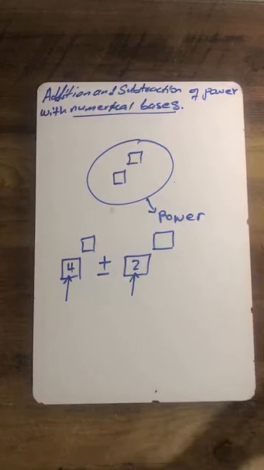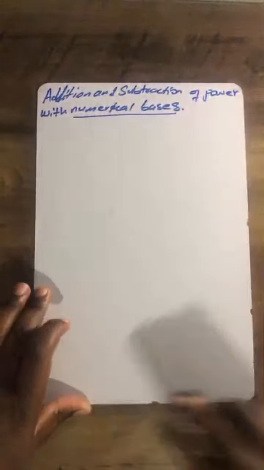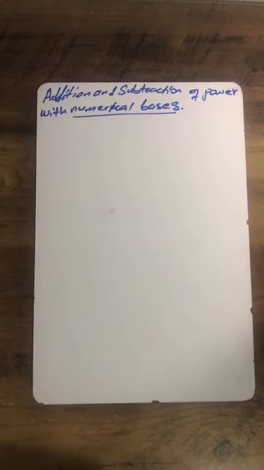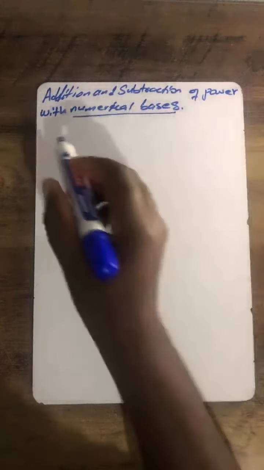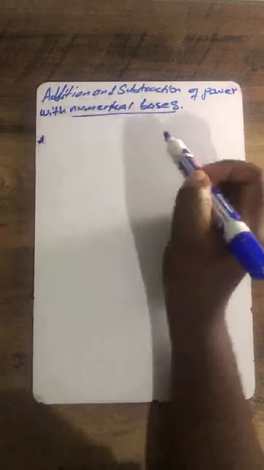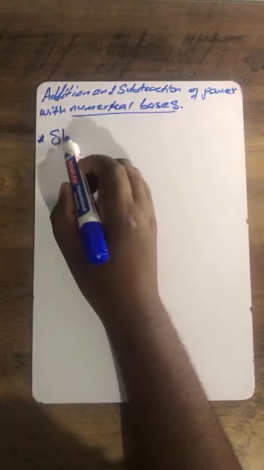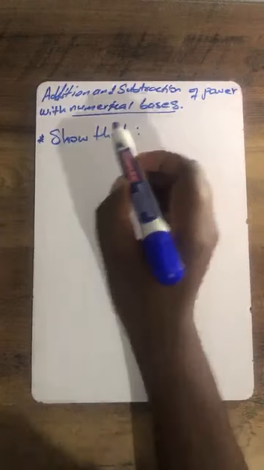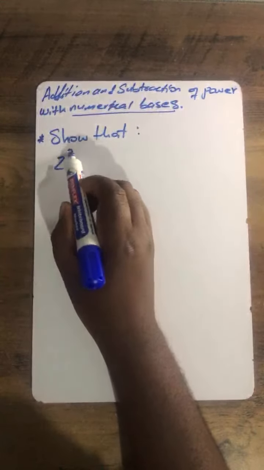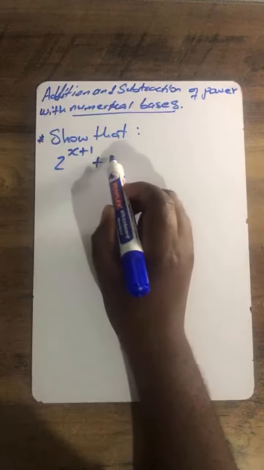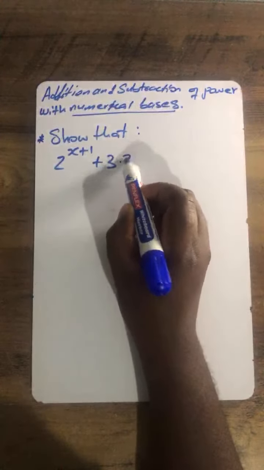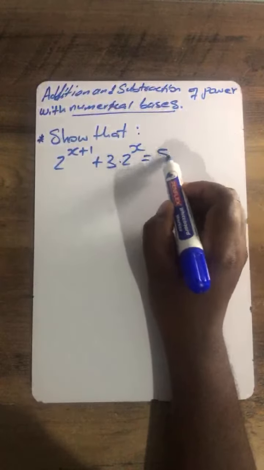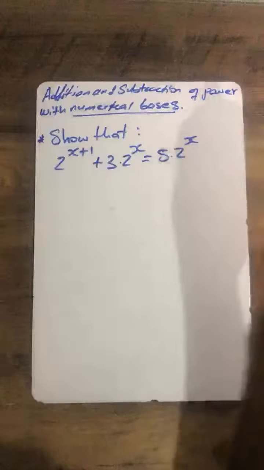Okay, then it's fine. So I'm just going to give you guys something that I can very quickly work out. Then from there, I will give you some problems to work out. Maybe let me just do 1 or 2. Then I'll give you something to work on. So the question that I might give to you is to say, show that 2 to the exponent x plus 1 plus 3 multiplying 2 to the exponent x equals 5 times 2 to the exponent x.